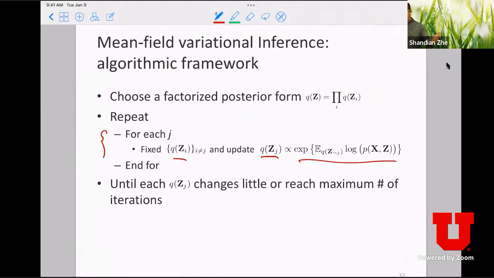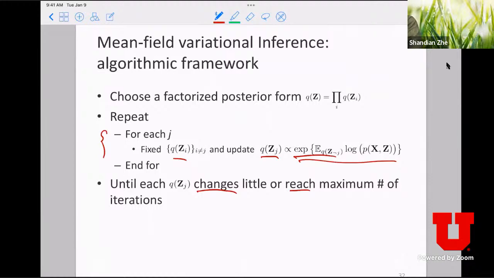Then we move to the next factor, fix all the other factors and update the corresponding factor following this formula again, until you finish updating all the factors in this iteration. Then this iteration is done. We move to the next iteration and do this again and again until each factor doesn't change much, less than some designated tolerance level, or you have reached the maximum number of iterations. This is a typical alternating update scheme.